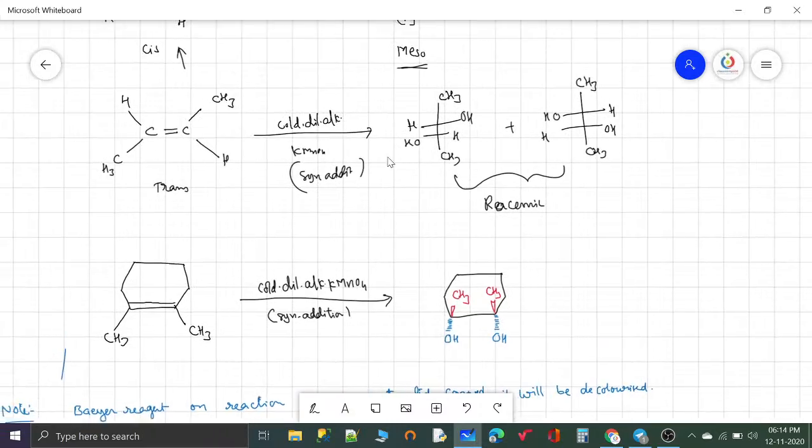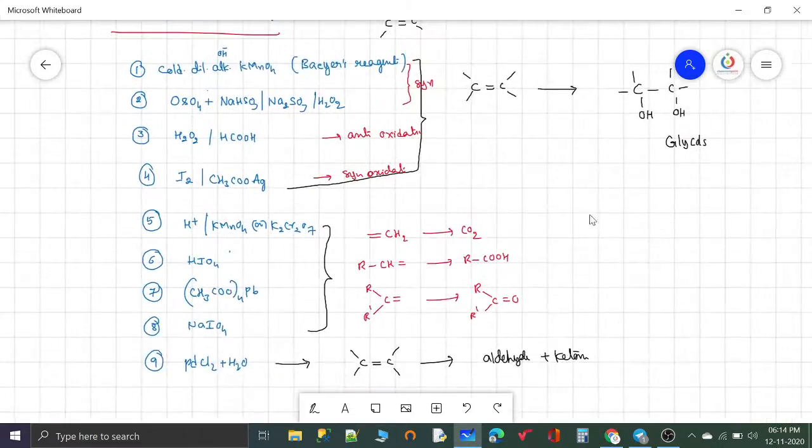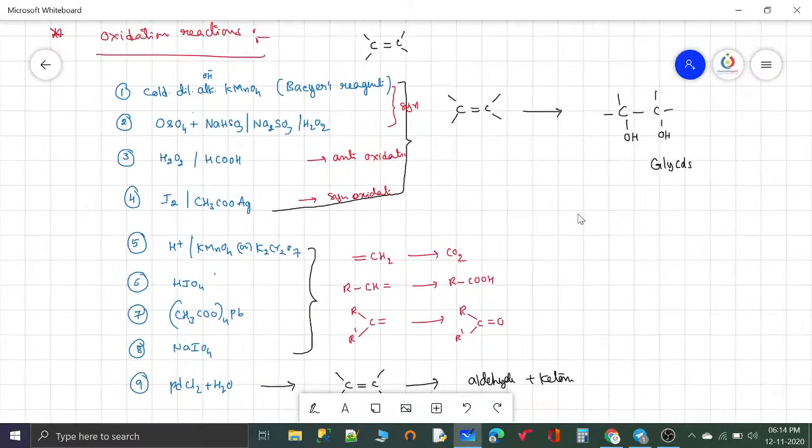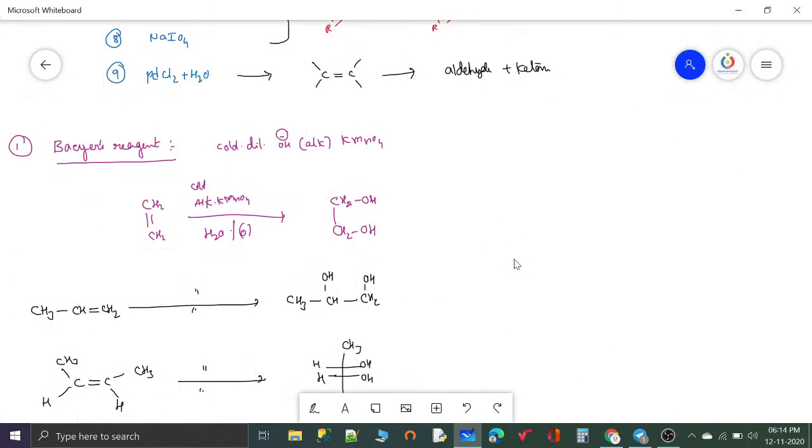If you want, you can watch that video. In yesterday's session we covered the reagents and which give glycols: cold dilute alkaline KMnO4, osmium tetroxide, H2O2 and iodine. Except H2O2, the rest of these reagents give syn addition products. So we shall see those molecules now.